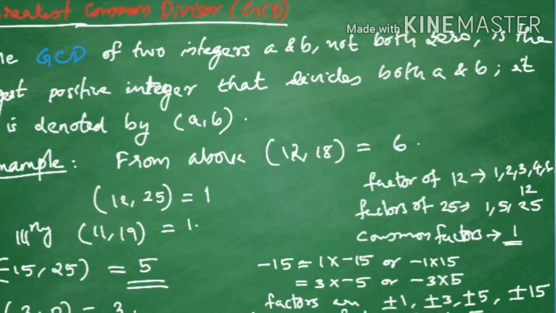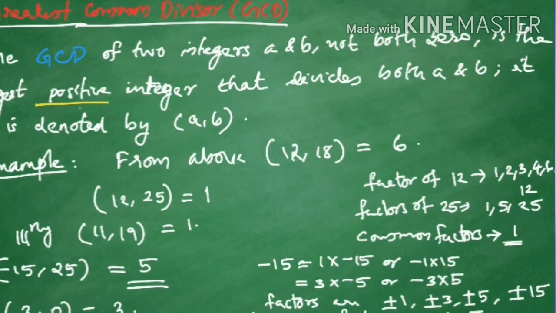Now we check the greatest common divisor or greatest common factor. The greatest common divisor of two integers a and b, not both 0, is defined as the largest positive integer that divides both a and b. It is denoted by (a, b). Important to notice that it is the largest integer, which is always positive.